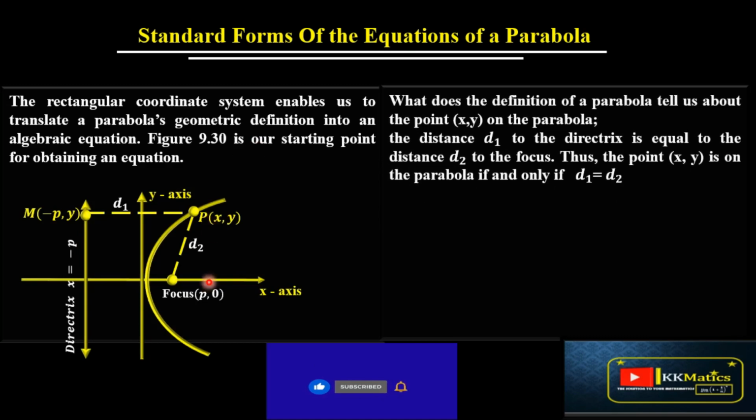This figure tells us that the distance d1 to the directrix, from this point P to the directrix, is equal to the distance d2 from the point to the focus. Therefore we can say that the point (x, y) is on the parabola if and only if d1 equals d2. The distance here is the same as the distance there.